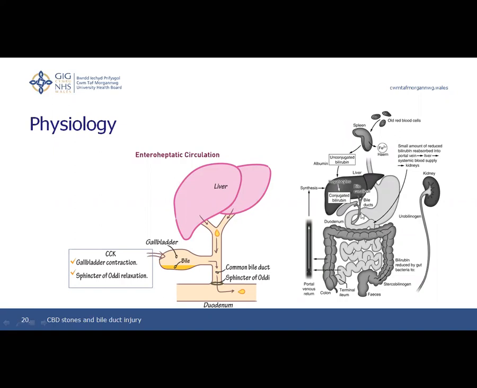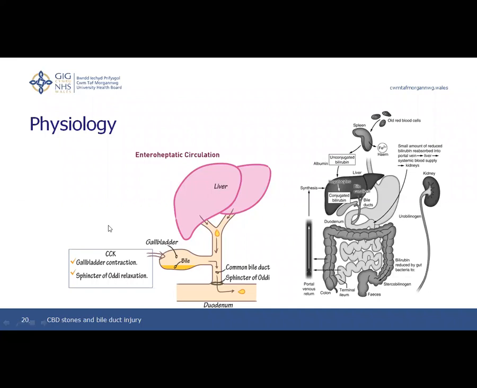When there is a block in the common bile duct, the stercobilin doesn't enter the large intestine, and this gives the pale color to the stool when there is an obstructed common bile duct.